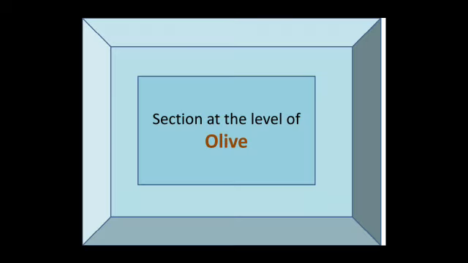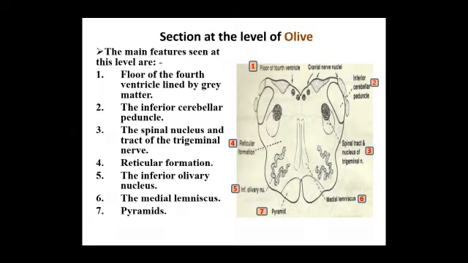Next, coming to the section at the level of the olive. So the main features seen at this level are, in the uppermost region, the floor of the fourth ventricle, which is lined by the grey matter. The inferior cerebellar peduncle, then just medial to it is the spinal nucleus and tract of the trigeminal nerve.